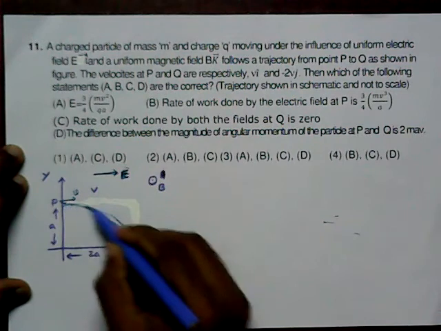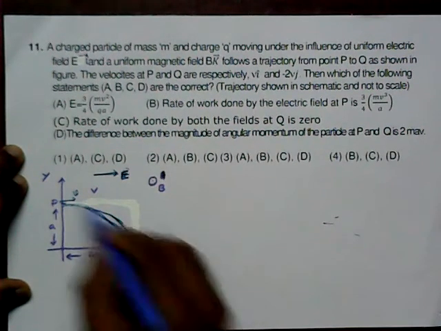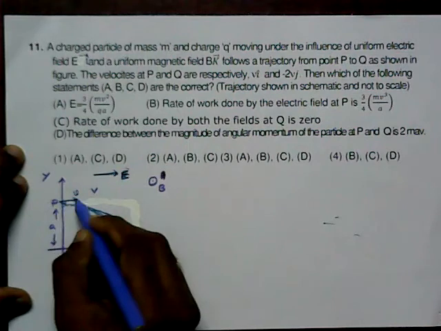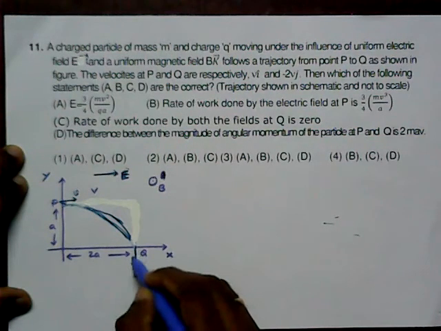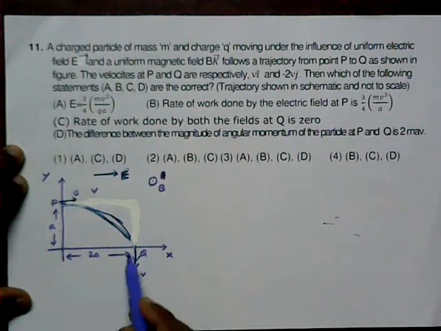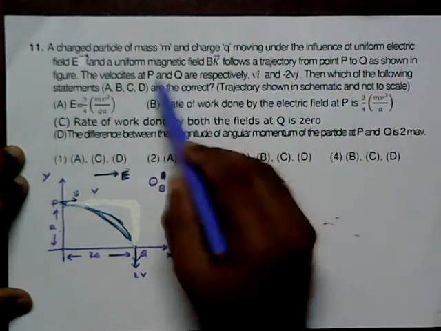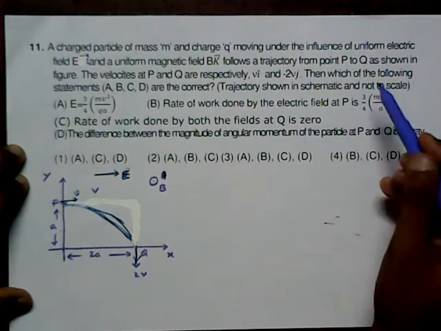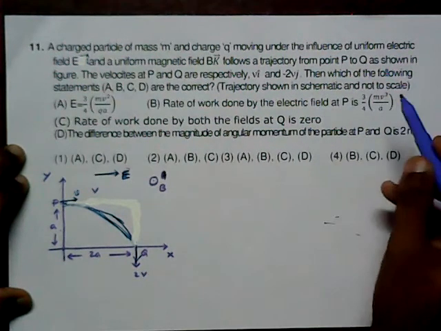From P to Q, a circular path is the trajectory. Here it enters with velocity v. Here it moves perpendicularly with 2v. Here the side is a and here it is 2a. The velocities at P and Q are v i and minus 2v j. Then which of the following statements are correct?